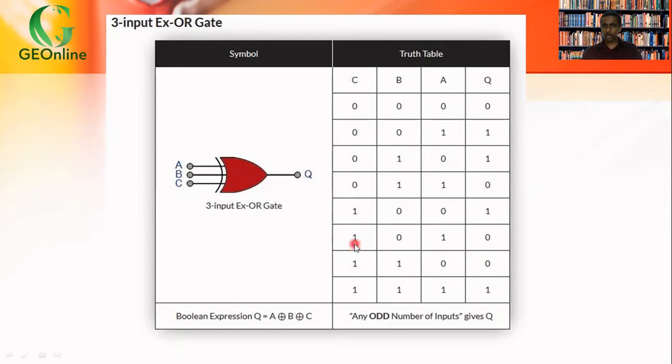If we count 1 plus 1, that is 2, it is even. So if we consider an XOR gate with any number of inputs, we can easily write the truth table: with any odd number of 1s in the inputs we have a high here. If the number of 1s is even, 0 will be the result.